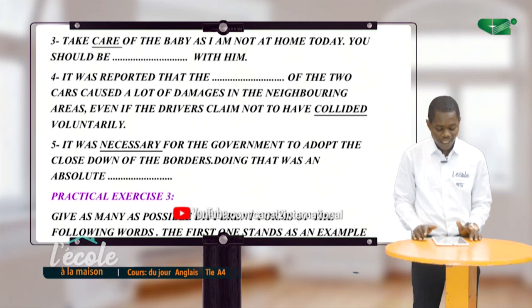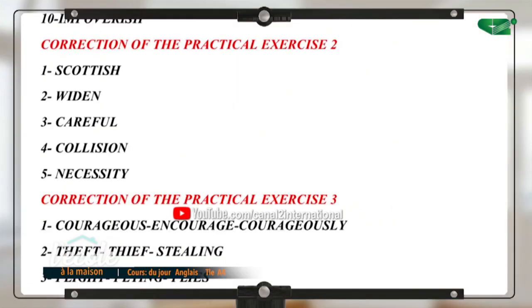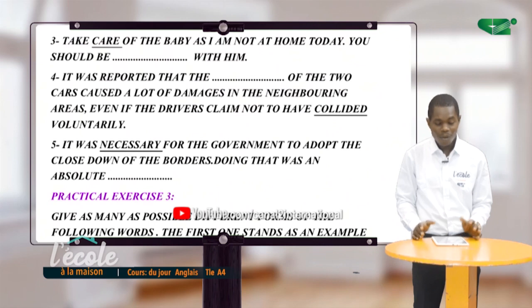What are we required to do? It was reported that the collision... that is, you drop the d, the last syllable of your verb in the past tense. You drop it, you remove it if you like, and then you add sion. Why?